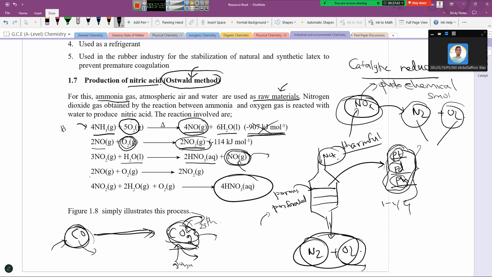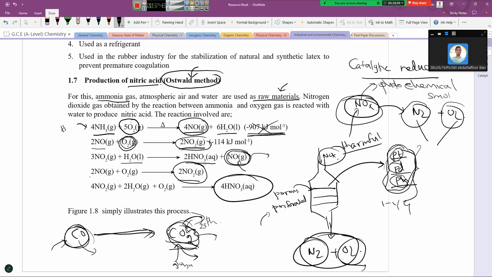But if you think creatively about how you can recycle this NO gas, if you burn this, NO2 gas can be produced again, right? After producing this NO2 gas, you can utilize it for producing more HNO3, because we have to produce more HNO3.